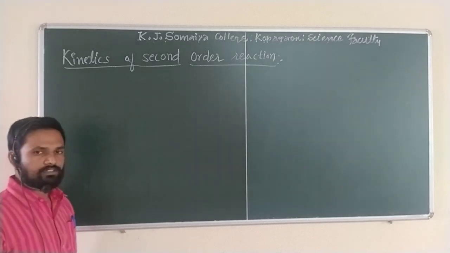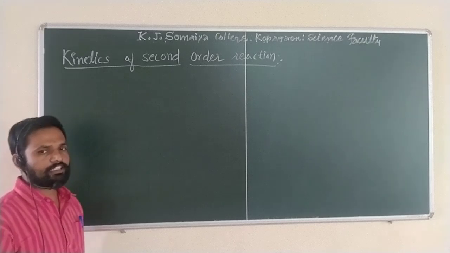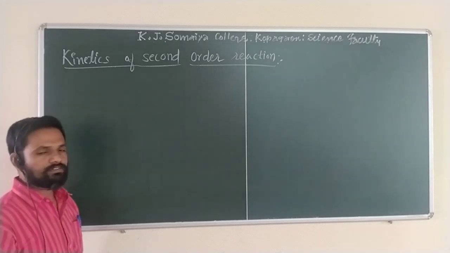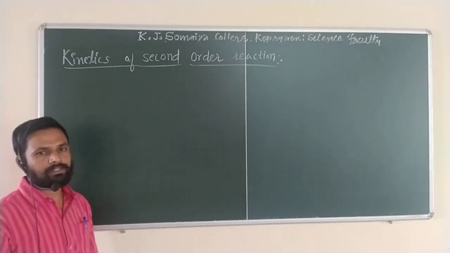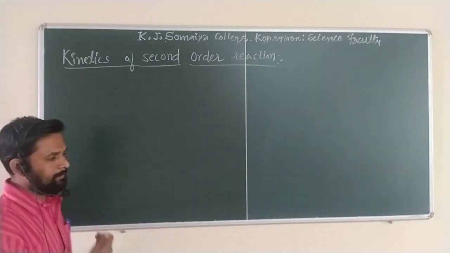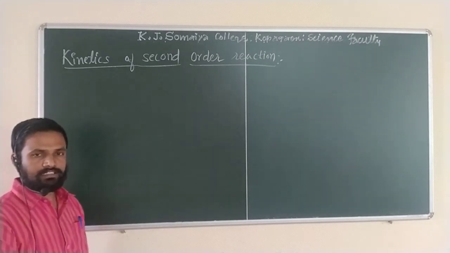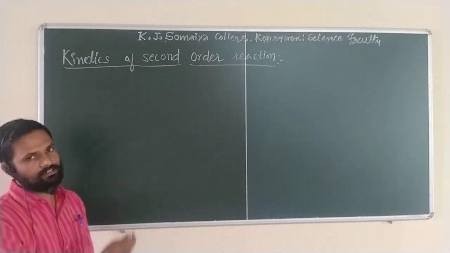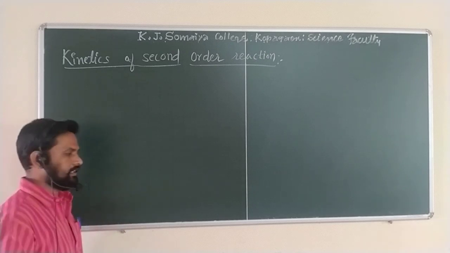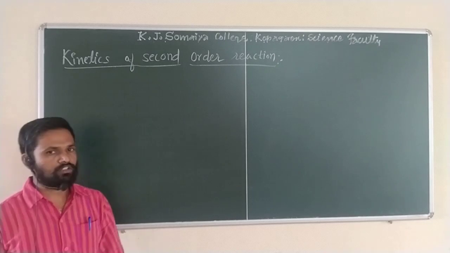Graphical representation means: how is the nature of the graph for second order reaction? And finally we are going to see the half-life period of second order reaction. In the same fashion as we studied in the previous lectures, zero order and first order reaction, likewise we are going to see all the things for second order reaction.